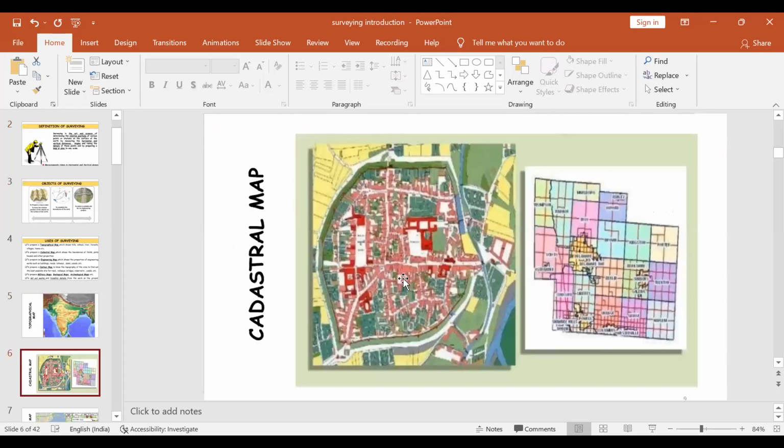Cadastral map means whatever the area, whatever the habitations, whatever the villages that fall under a particular area will be covered under a cadastral map. Under these maps, whatever streets were there were all covered.